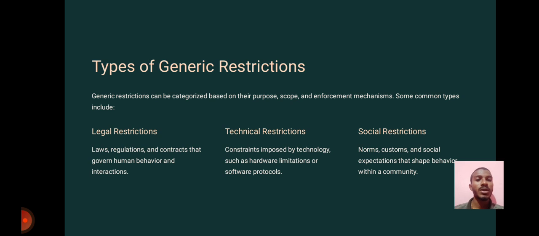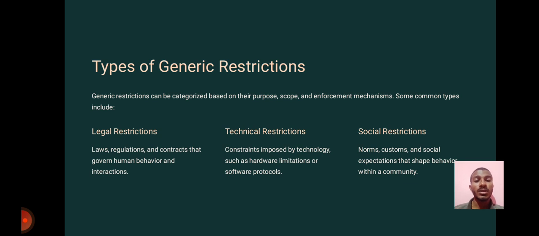Types of generic restrictions. Generic restrictions can be categorized based on the purpose, scope, and mechanism. Some common types include legal restrictions, technical restrictions, and social restrictions.